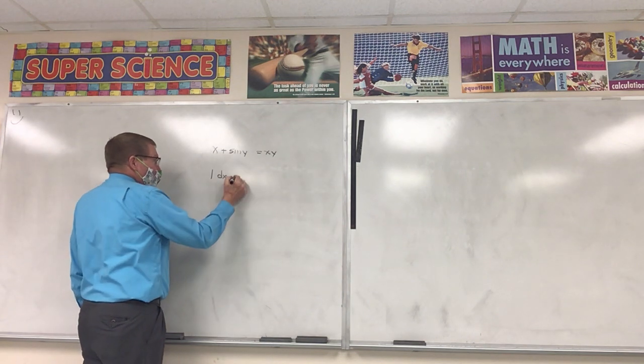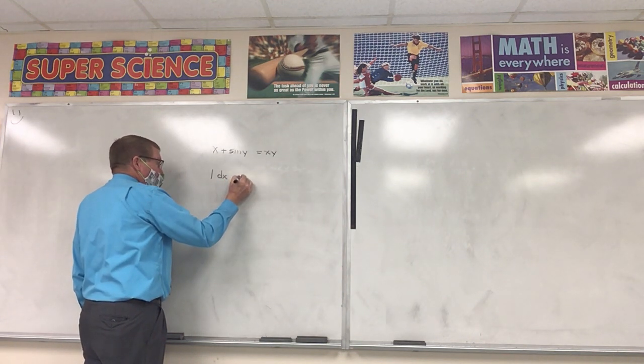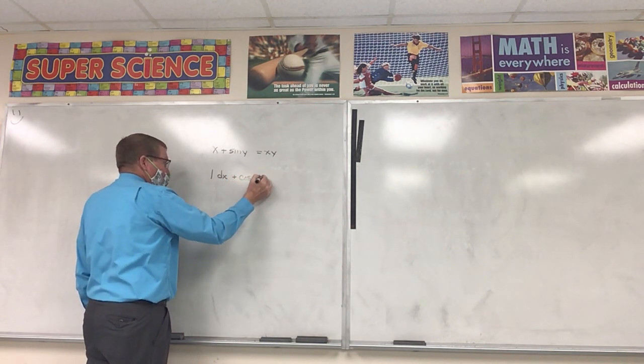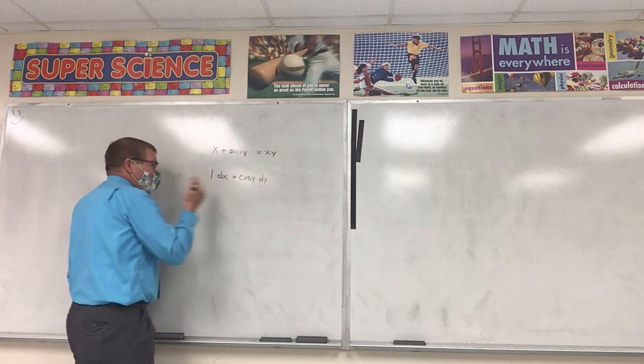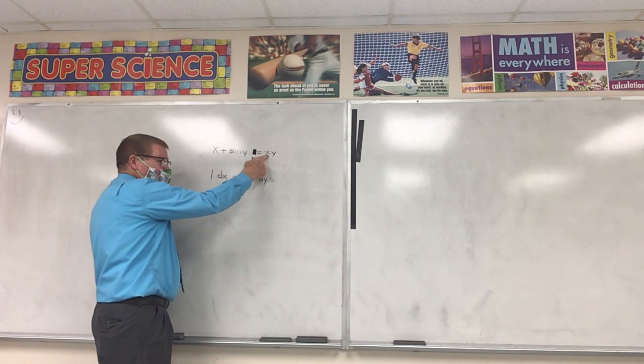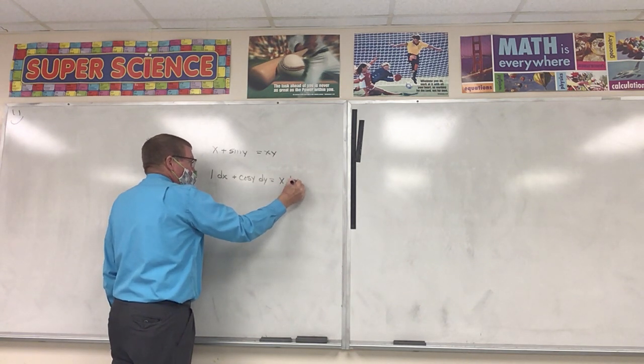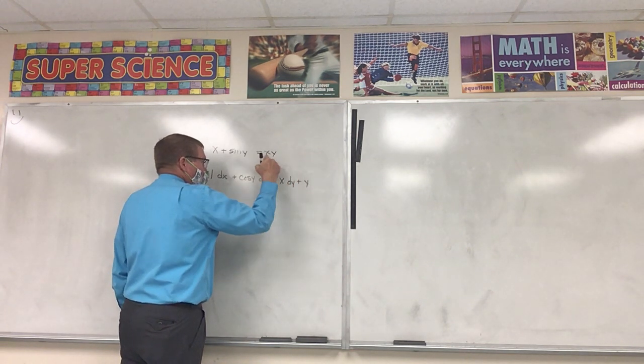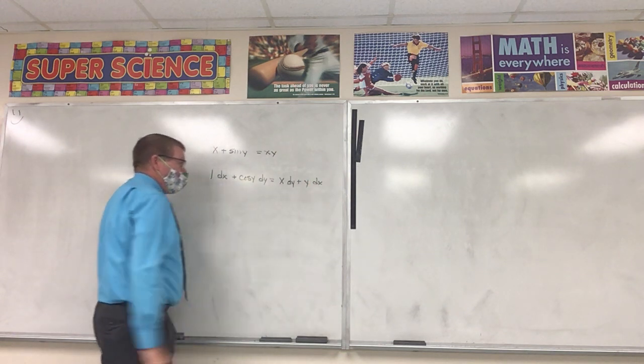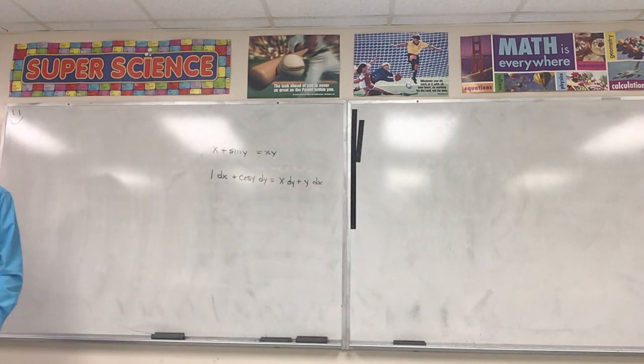The derivative of sine y is cosine y, and the variable was y, so it's dy, equals a product, x times y, so 1 dy plus y dx. Anytime it comes down to 1 or a number, it's always going to be that dx or dy.